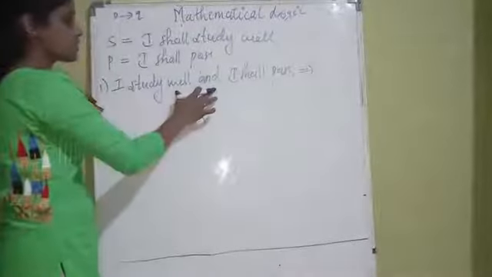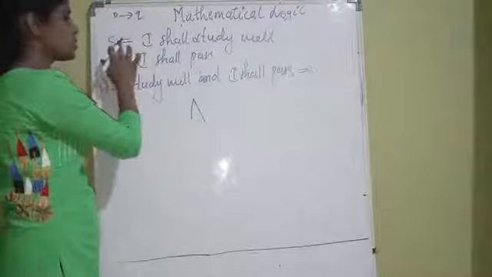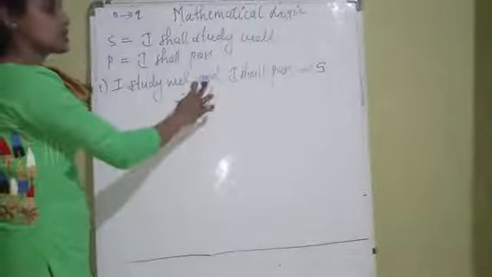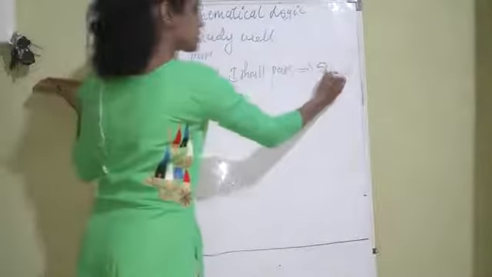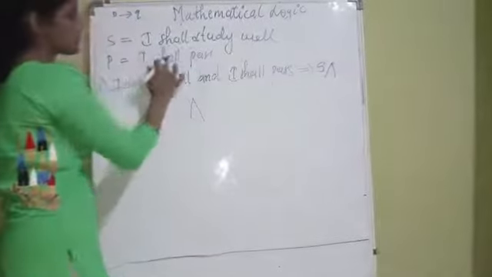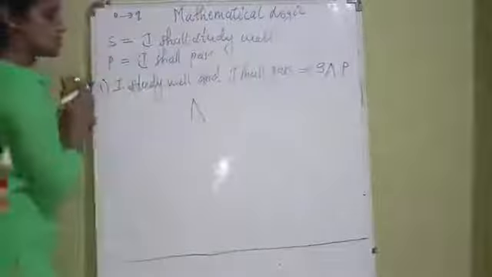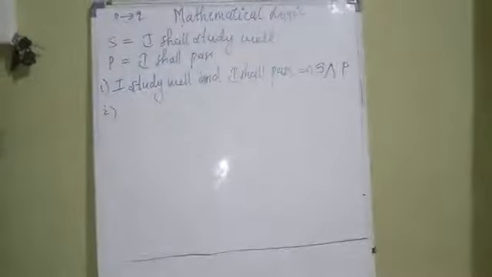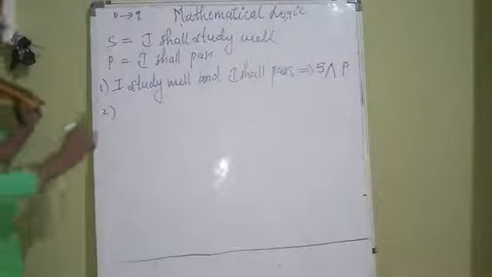I shall study well means we have denoted this statement by S. And means conjunction, and the symbol of conjunction is this. I shall pass means it is denoted by P. So S conjunction P. Okay, see the other one, that is I study well or I shall not pass.